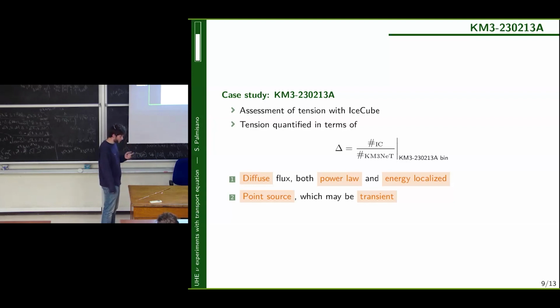Without going into the details of the statistics, I'm just going to use this ratio of expected number of events in experiments as somewhat of a proxy of the tension. We consider several cases, both diffuse fluxes and point sources, with several spectra, both power law and energy localized, and also consider a transient source.